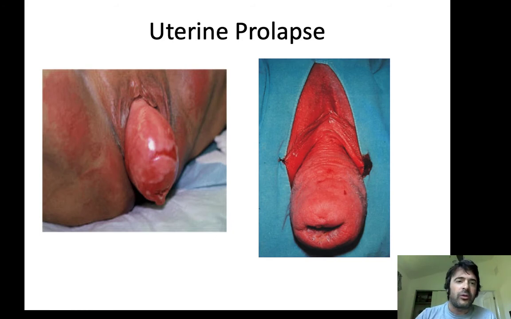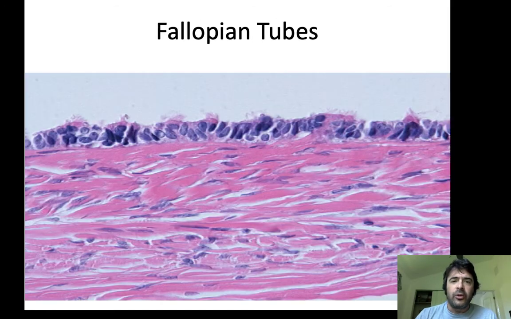So that warrants something like a genetic test. You want to figure out what's going on, because that shouldn't happen in somebody so young unless there's some kind of predisposing factor. So we have the uterus, uterine prolapse, and then we have the fallopian tubes.